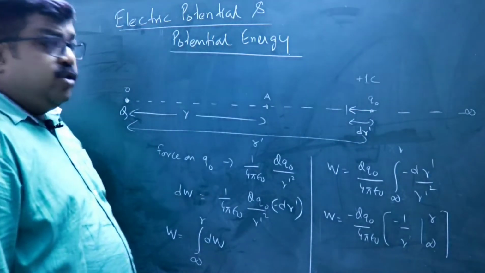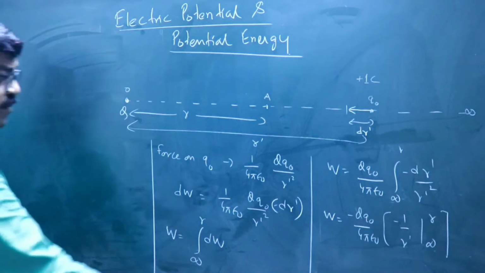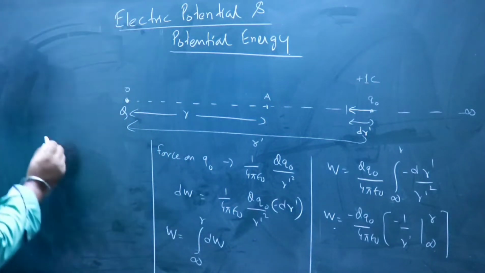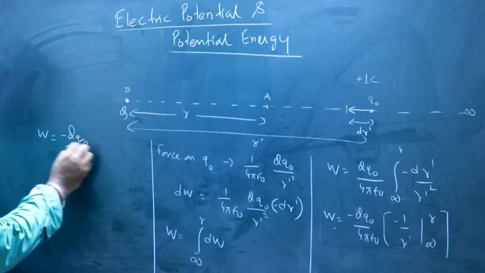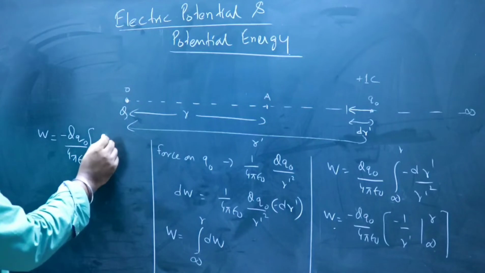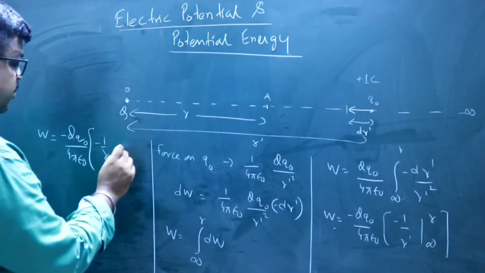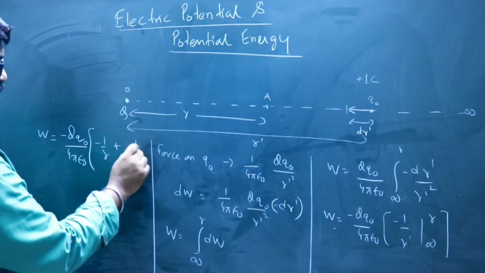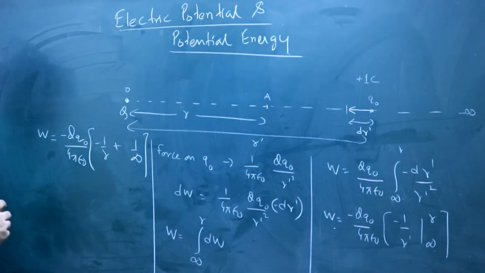So on integration this gets reduced to W is equal to minus q naught by 4 pi epsilon naught. Substituting the limit, we have minus 1 by r, and then 1 by infinity is 0, so this quantity is 0, and this minus minus becomes plus.